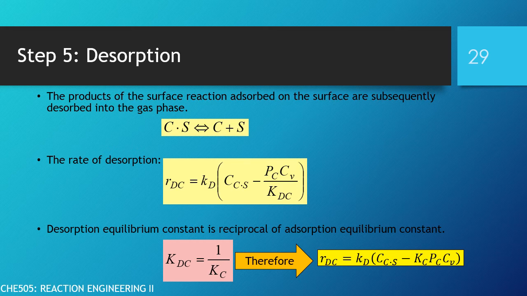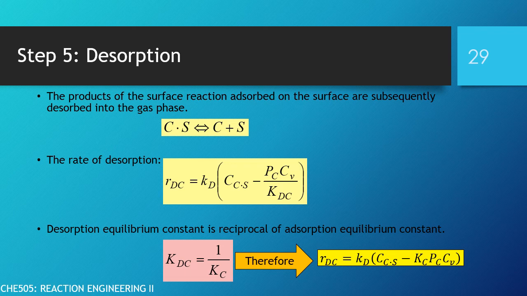Multiplied by C_V, because from the mechanism of reaction, we leave the vacant site S, so the concentration is C_V. Divided by K_DC, the equilibrium constant for desorption of C. Then the desorption equilibrium constant is the reciprocal of the adsorption equilibrium constant.